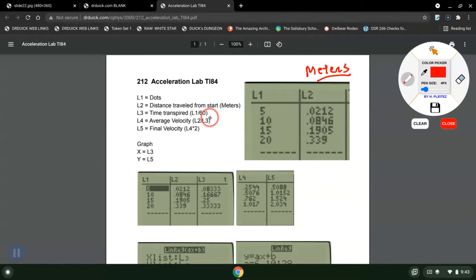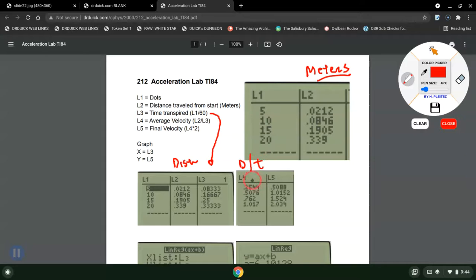Then we have L3. To find the amount of time it took, basically you're just taking the list of dots and divide it by 60. That's what this is. And that's where you get L3, right? So that's the amount of time it took. Now look at L4, it's just distance divided by time, okay? Remember, this is our distance. This is our time. So this is just distance divided by time.